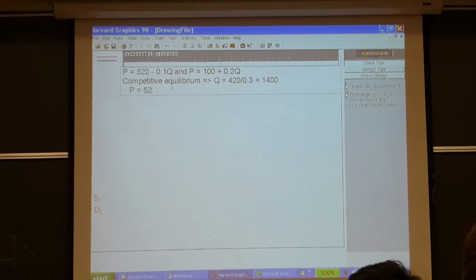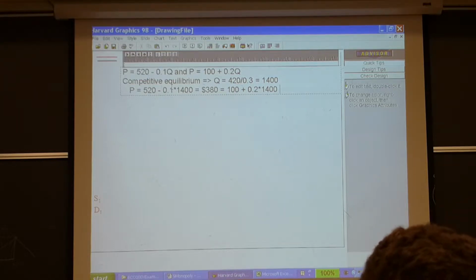The price here is 520 minus 0.1 times 1,400, which in this case is 380. Which is equal to always 100 plus 0.2 times 1,400, which is again 380. Okay, so that's beautiful. So we're set up.